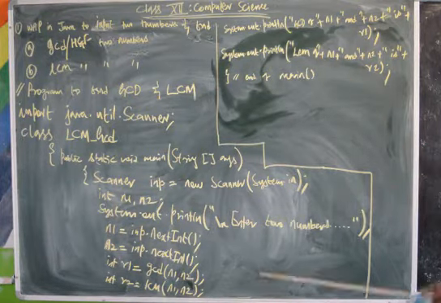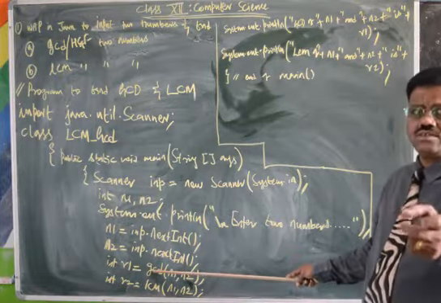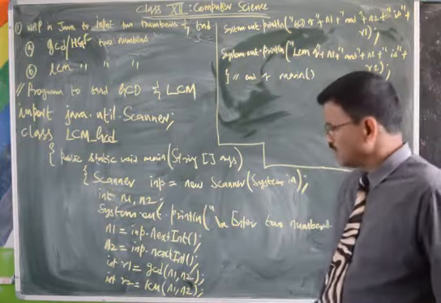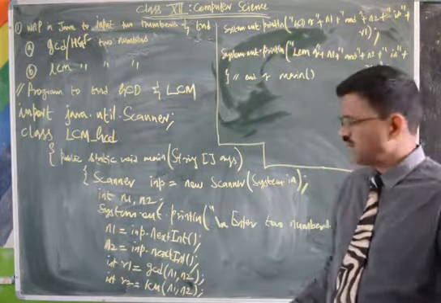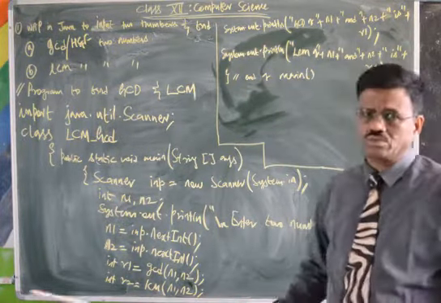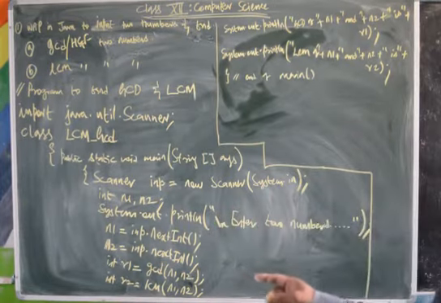So I need to send the control to GCD. It will find the greatest common divisor of two numbers, which will be stored in R1. Similarly, it will find the LCM of these two numbers, which will be stored in R2. I'll wrap it up. You can continue the other two methods.